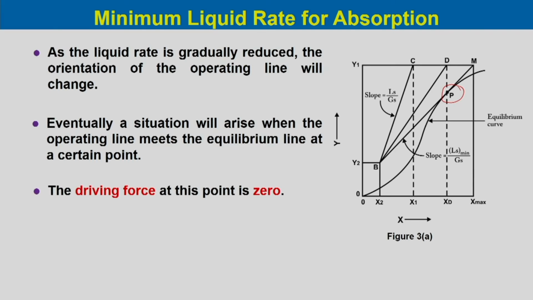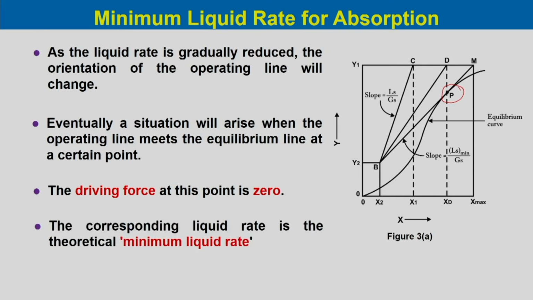The driving force at this point, that is the intersection or tangent point between the equilibrium curve and the operating line, at point P, is 0. This means that the corresponding liquid rate is called the theoretical liquid rate.